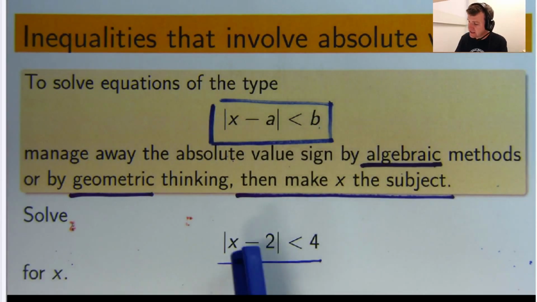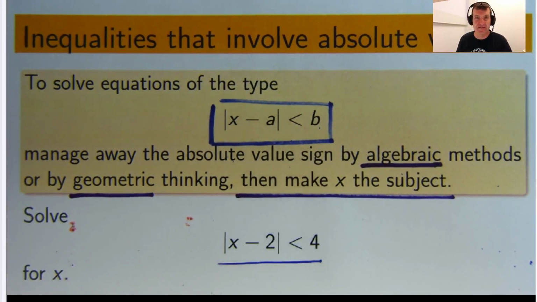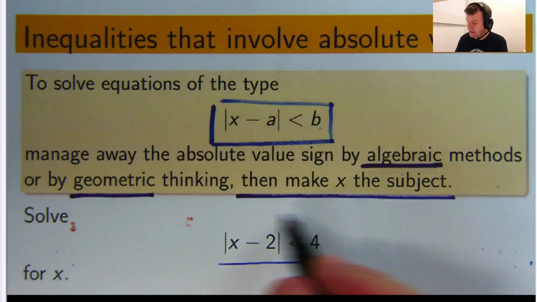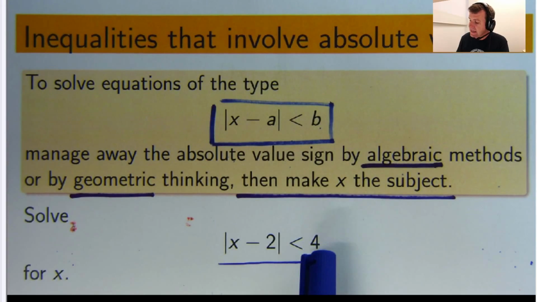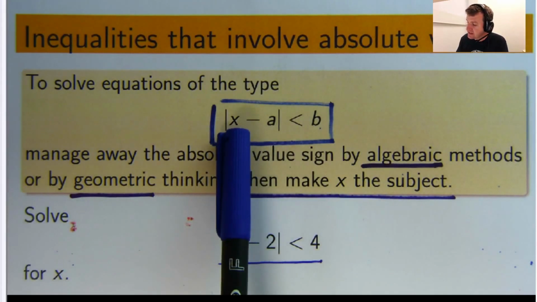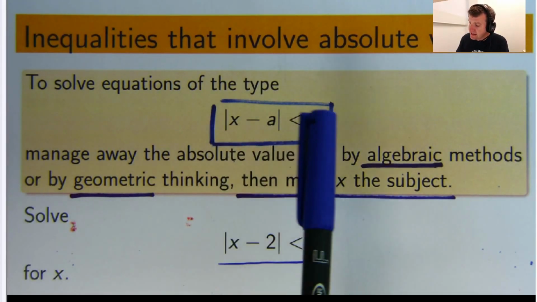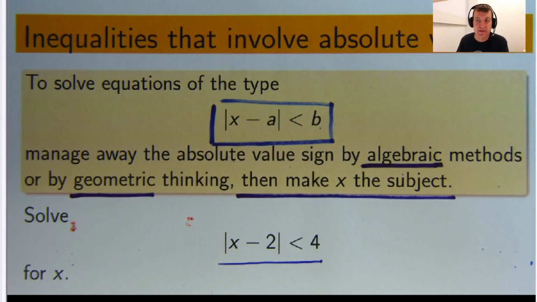In this case, it's the distance between a point x and the point 2, and that distance has to be less than 4. So we've got to find the x points that satisfy this. So let me say that again. We want to find the x points that are less than 4 units away from the number 2. So in this case, we want to find the x points that are less than b units away from the number a. Okay, so let me draw a picture first, and then I'll do the algebra.